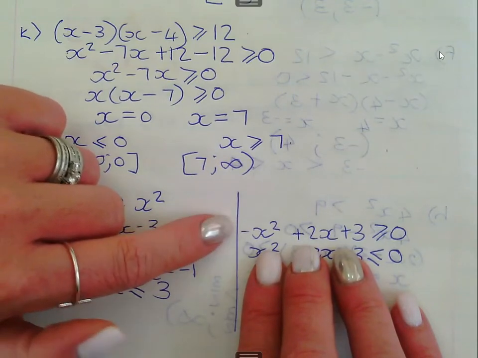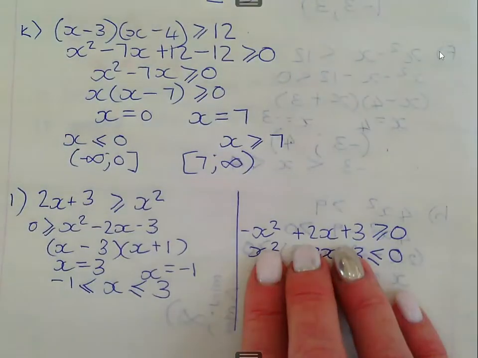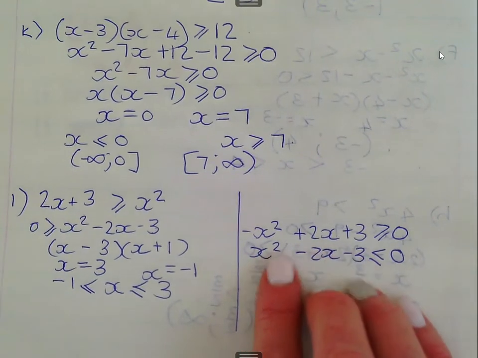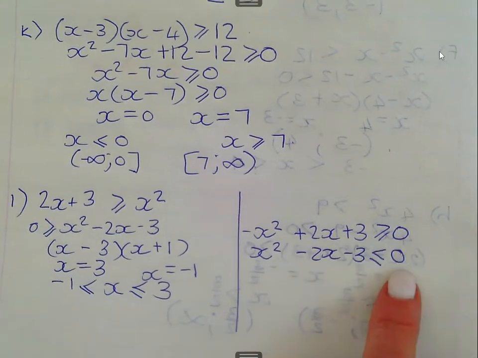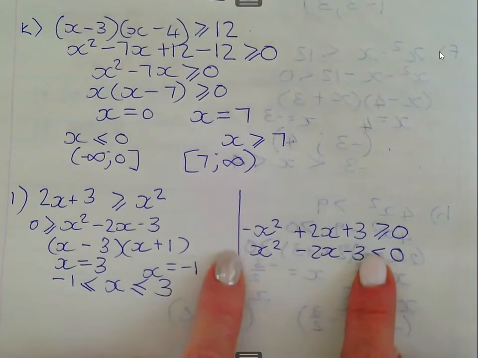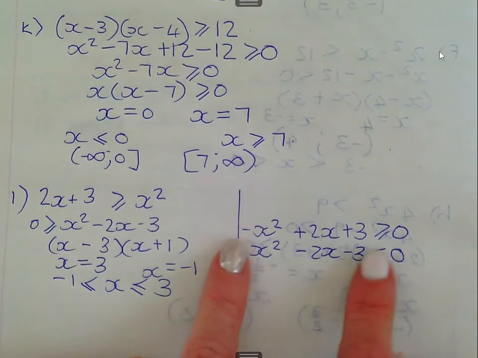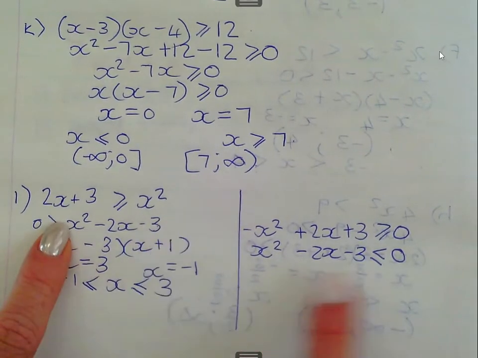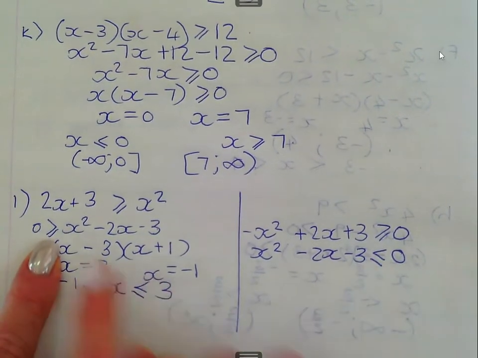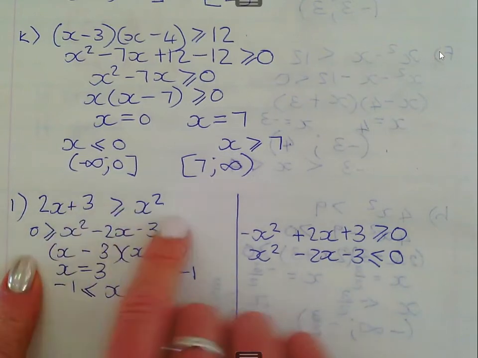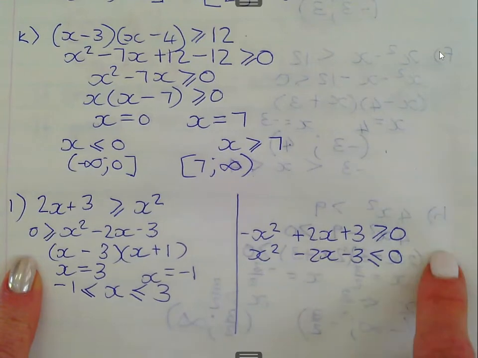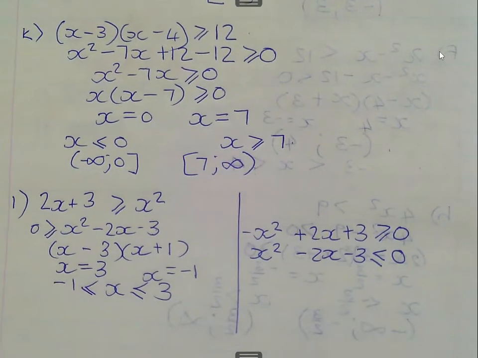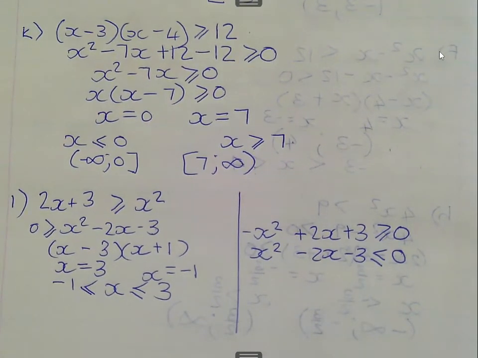So I'm going to have to multiply every term with a negative, and I'm also going to do it on the other side, and then my sign has to turn around. So whether this expression is on the left-hand side or on the right-hand side, because I'm following my rules, in both cases it's asking this whole thing smaller than 0. And that's why we have to turn that sign around when we divide with a negative. Do you all understand?